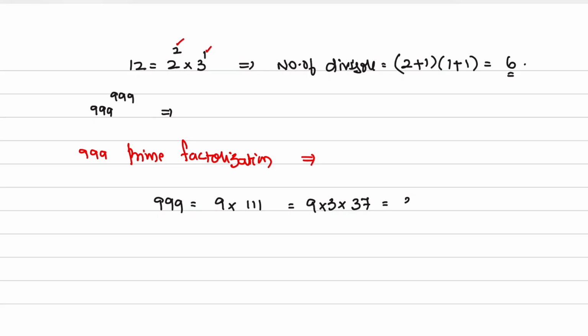That is equal to 3 square into 3 to the power of 1 into 37. That is equal to 3 cube into 37. Because 37 itself is a prime number.